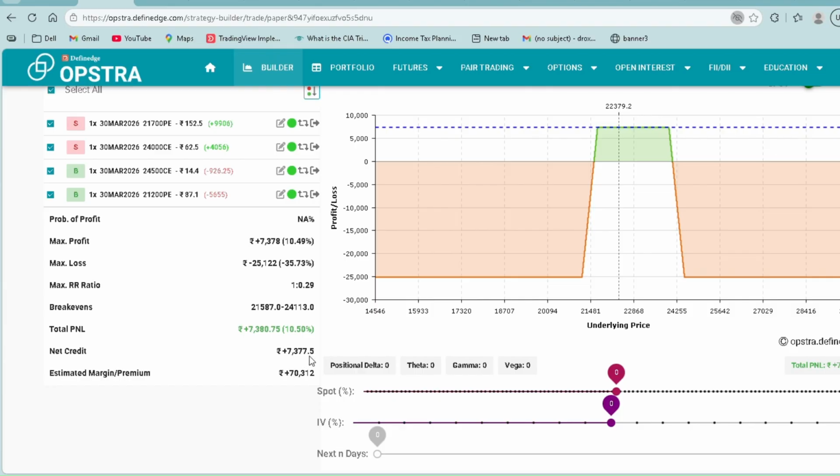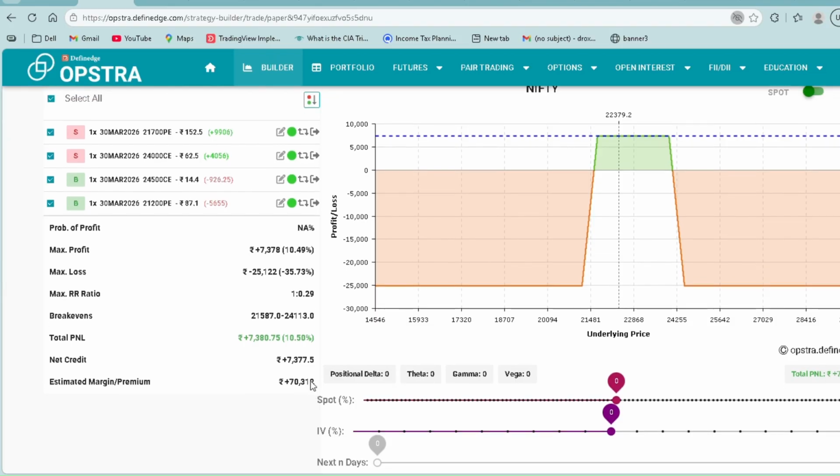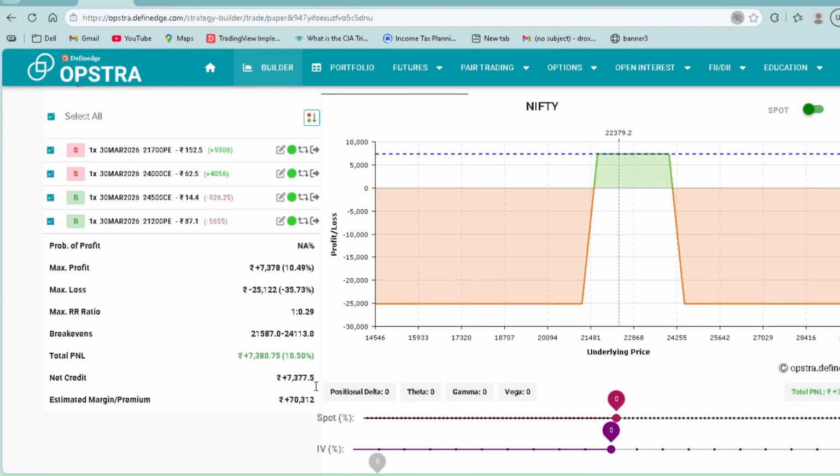Net credit is 7,377.5. The estimated margin premium I deploy in this trade is around 7,312. I always build my strategies first in Opstra and create my position in my trading account later on.